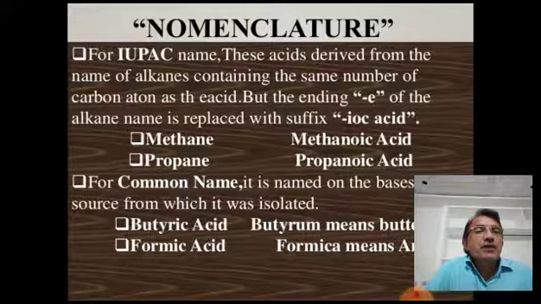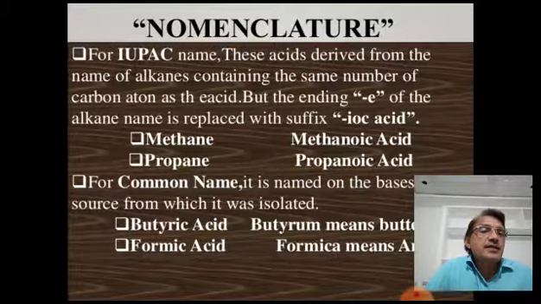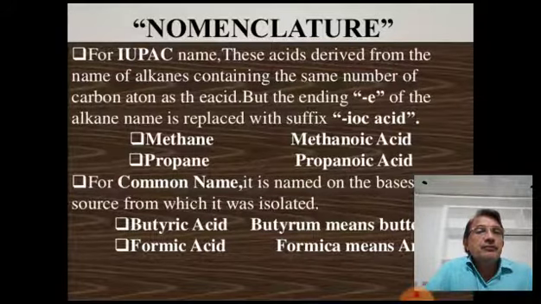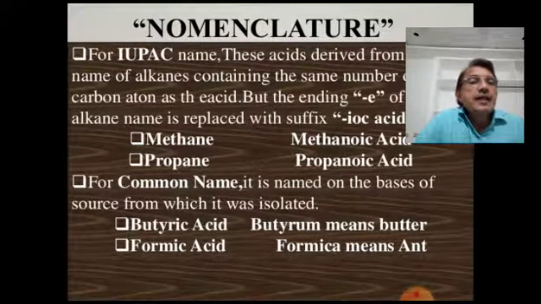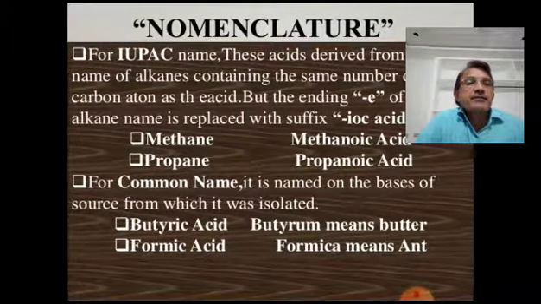For example, from methane, methanoic acid, that is HCOOH. From propane, propanoic acid, that is C2H5COOH. For common name, it is named on the basis of source from which it was isolated. Butyric acid, butyrum means butter. Formic acid, formica means ant.